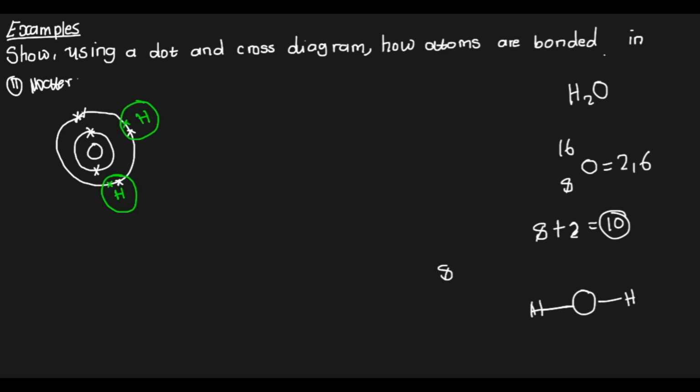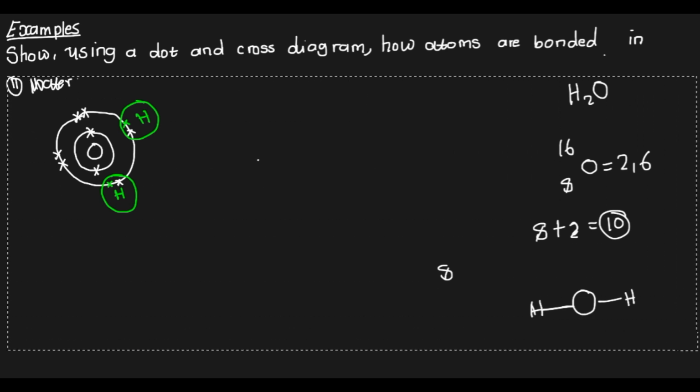So the other 4 electrons, we are just going to put them here. So as we can see, the second shell of oxygen has 8 electrons. So this one is now satisfied. Then the shell for each hydrogen has 2 electrons. So this is the covalent bonding for water.